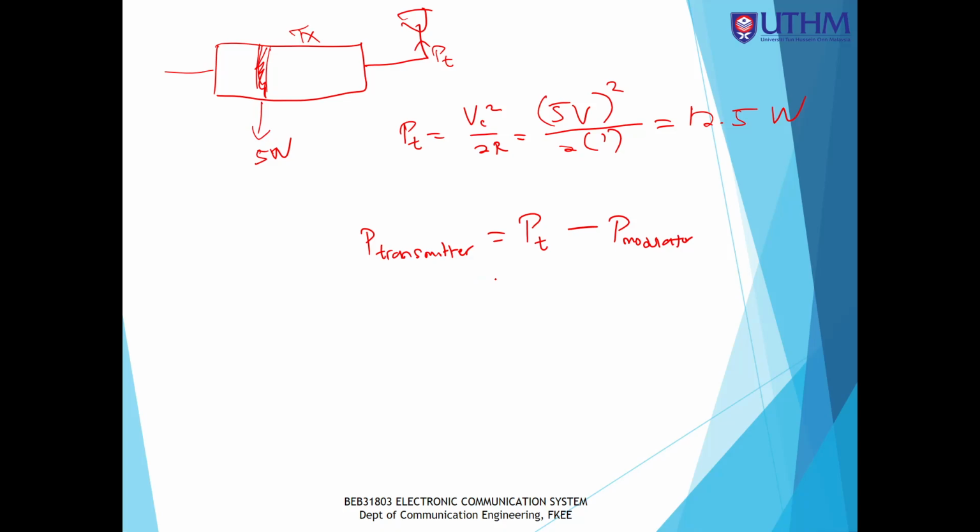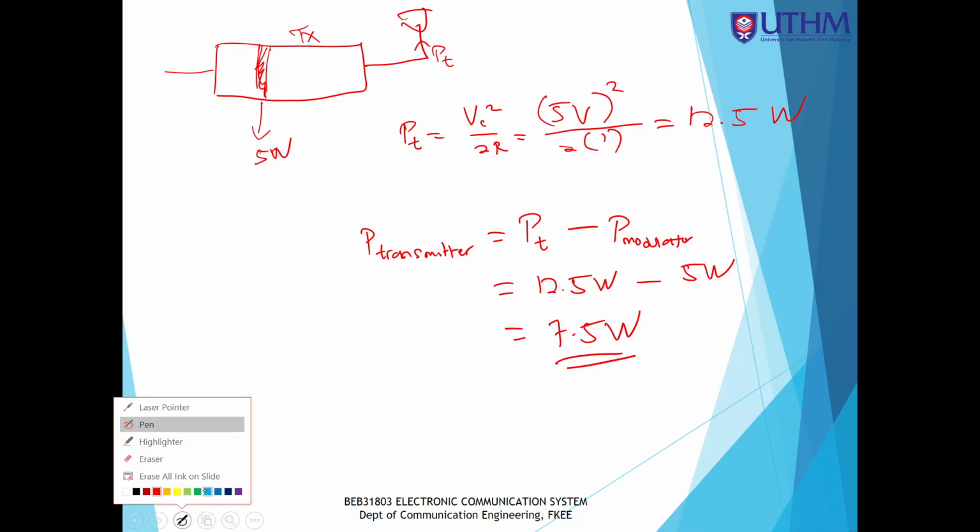So 12.5 minus 5 watt, we get 7.5 watt. So 7.5 watt is actually referring to the rest of the power produced by the transmitter.